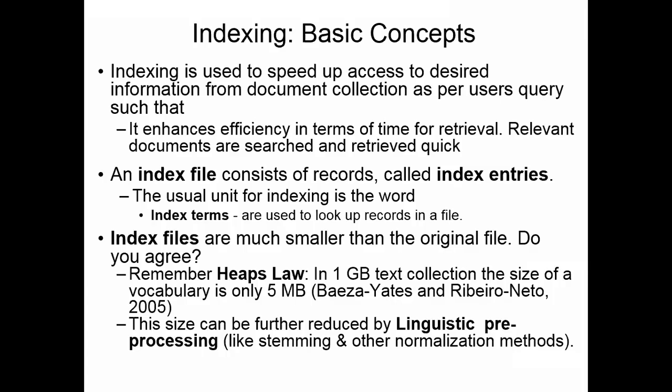Immediately the memory space requirement is also reduced. That's why selecting vocabulary by itself is a compression technique that can help us minimize the memory space requirement. If a 1 GB text collection has only 5 megabytes, what about a terabyte text collection? We can calculate and approximate.